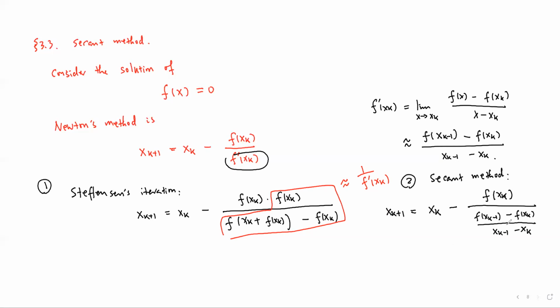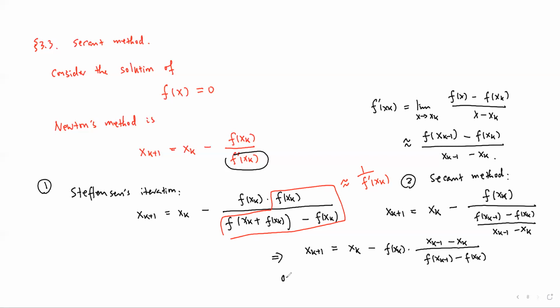Now let me simplify this quotient. Then I get x_{k+1} equal to x_k, then minus, I move x_{k-1} minus x_k to the top, then f(x_k) times (x_{k-1} minus x_k) over f(x_{k-1}) minus f(x_k). This is one formula for the secant method.